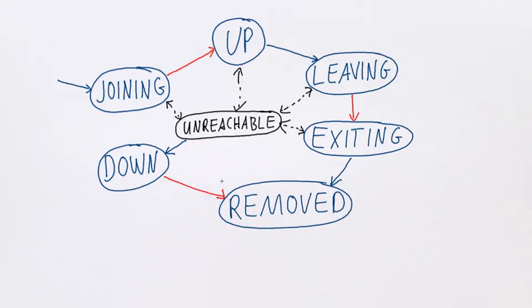So as soon as the failure detector flagged that the main is unreachable, it went from up via unreachable to down. And that means that there was just one node in that cluster left. The cluster worker was the only node and therefore also its leader, and it removed the main, and that triggered the cluster worker's main actor to shut down the program.